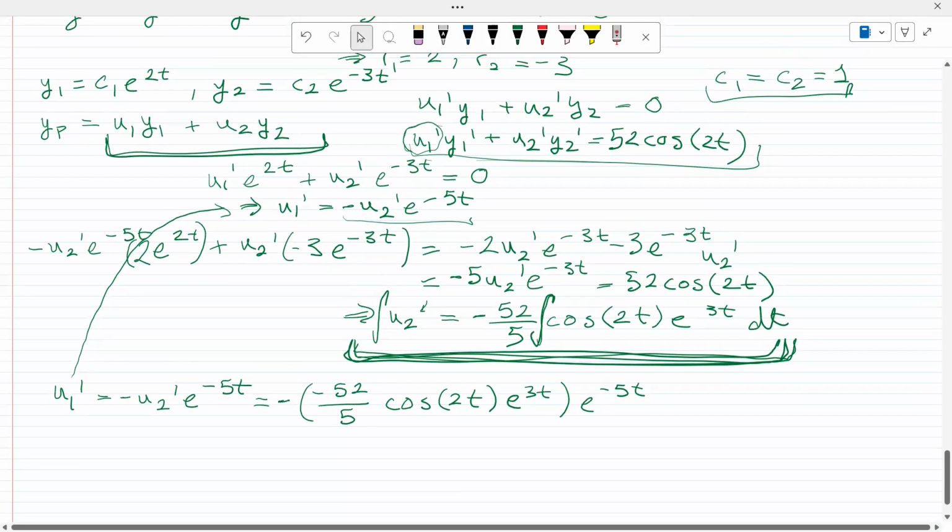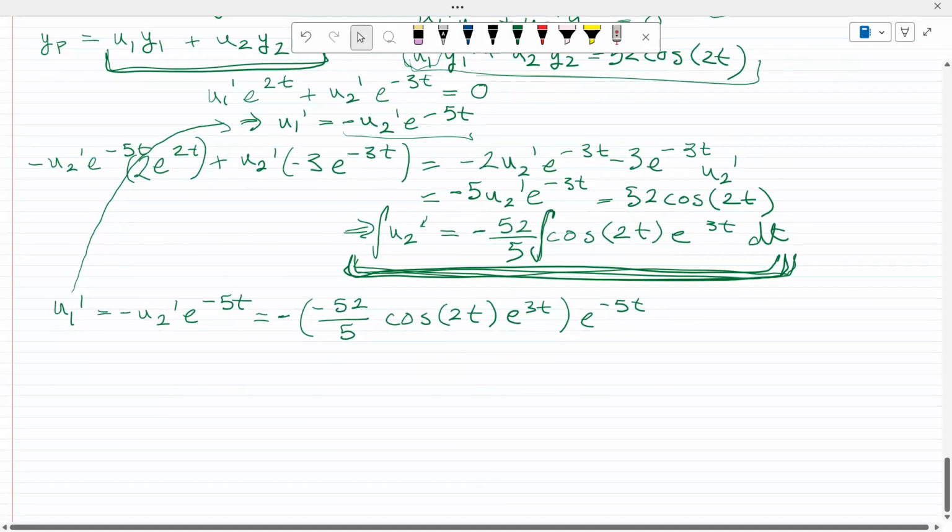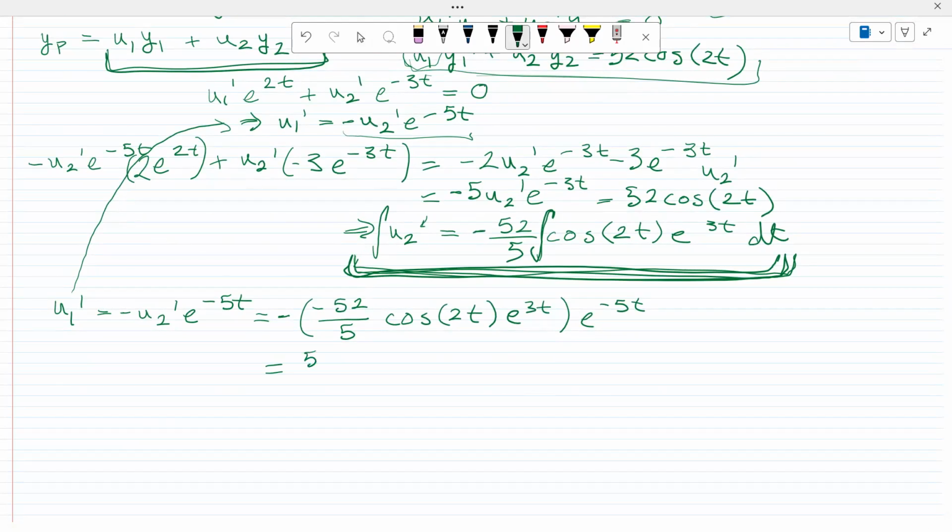Then we get a simplification, 52 over 5 cosine 2t times e to the negative 2t. That's going to be equal to u1 prime.